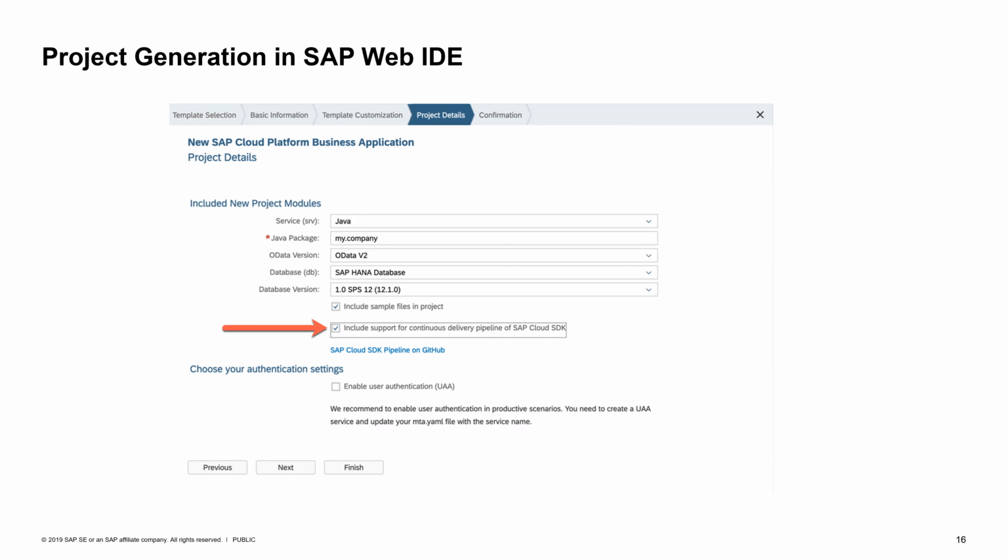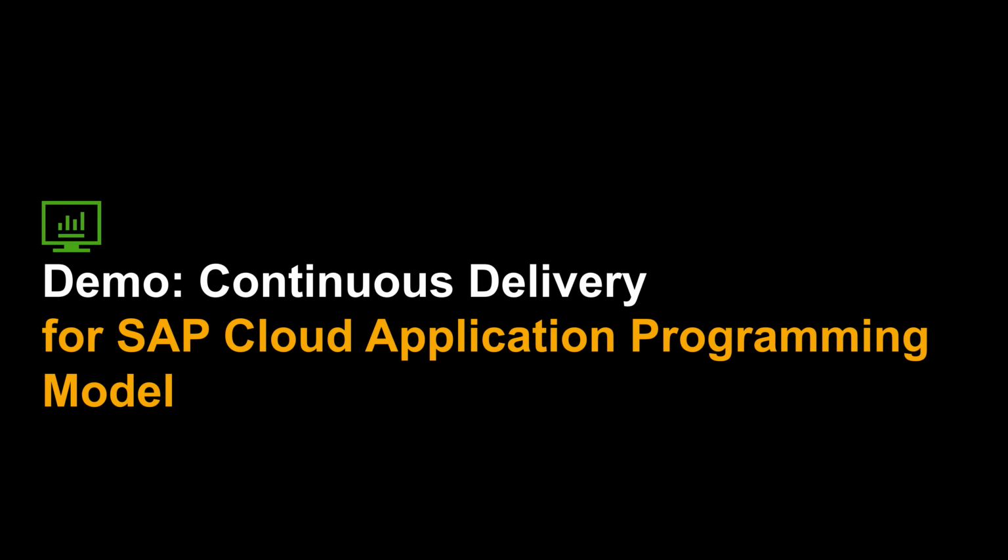If you need to add those files afterwards, it's also done quite easily within 2 minutes. It's only copy and pasting the 2 files, but you can save yourself the hassle by clicking this checkbox, making sure that's active. All right, with that, I'm done with my part and hand over to Daniel for the demo.